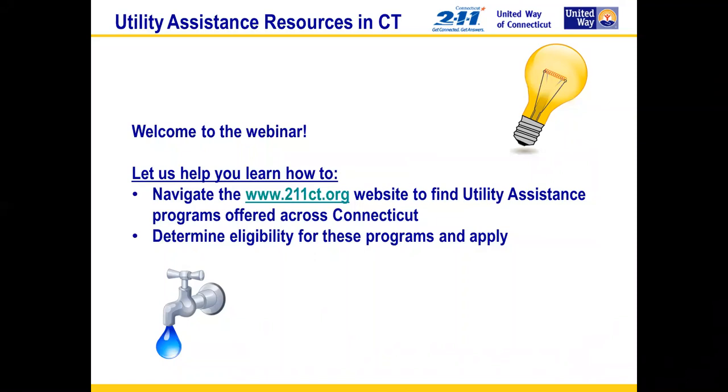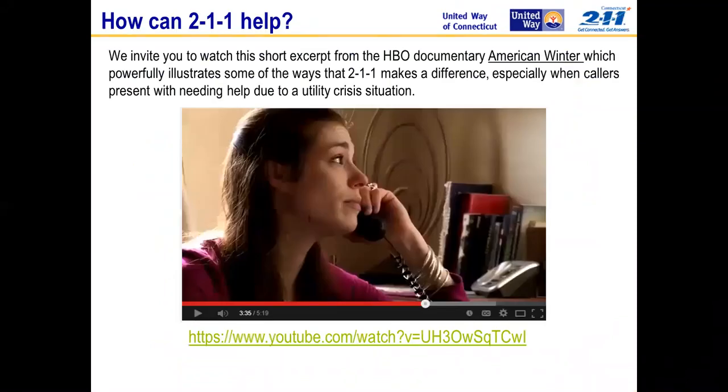We're going to get into more of those specifics in just a few moments, but to kick off the webinar I wanted you to watch this very short 5-minute video, which is an excerpt from an HBO documentary called American Winter. It paints the picture of our role as a 211 and the ways that we, along with community agencies, can assist people who are dealing with crises, especially a utility crisis.